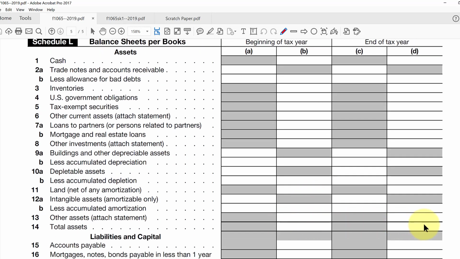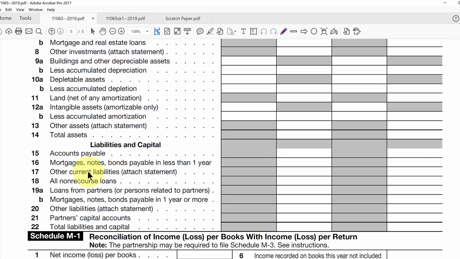And here is the total assets line. We know assets are equal to the liabilities plus the equity. In the case of the liabilities, that's line 15 all the way down to line 20. And the capital equity is just the partner capital account totals here in line 21.